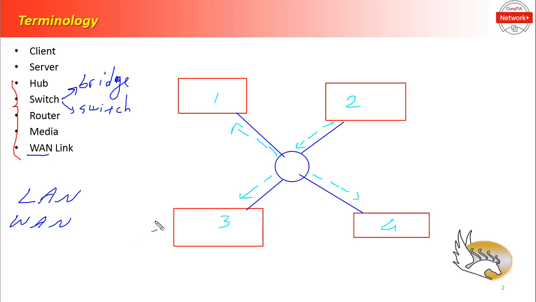For example, I want to connect from here to another city. What do I need to have? That kind of connection or link that I need to use is called a WAN link. So WAN link connects different cities, different parts of the big cities, or different countries to each other. But LAN is just for one building or many buildings in each other's vicinity. So LAN is a smaller network than a WAN.